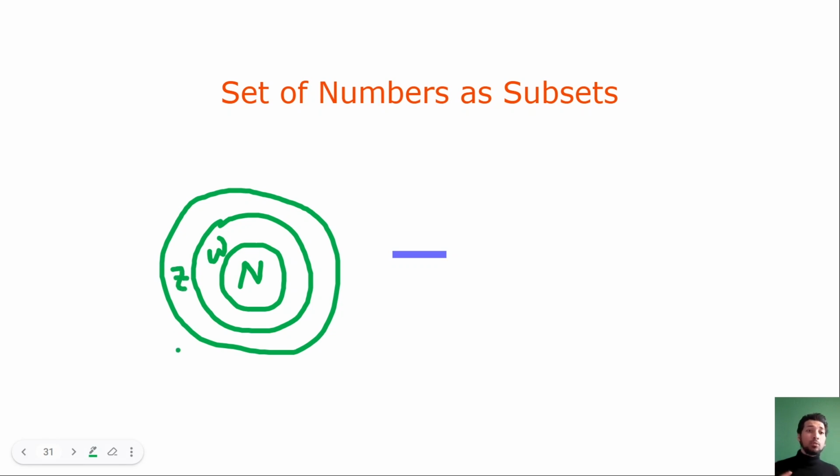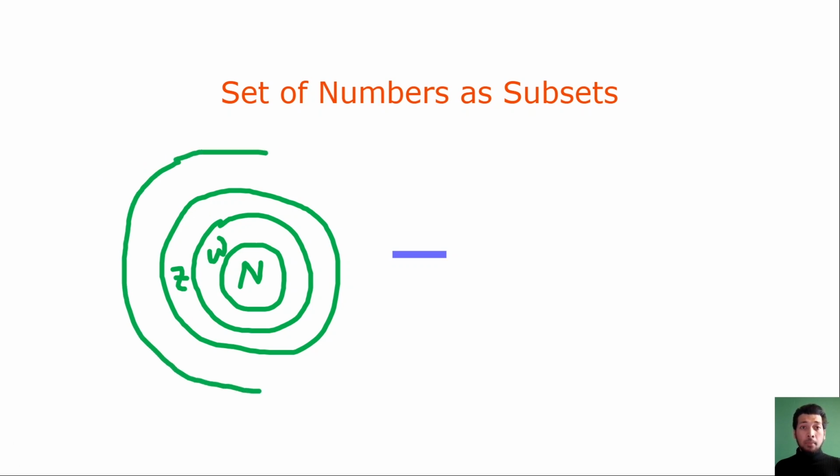Now, if you want to include the decimal numbers and those numbers which are not expressed as natural numbers or whole numbers or integers, we include the set of rational numbers, which is symbolized by the letter Q.